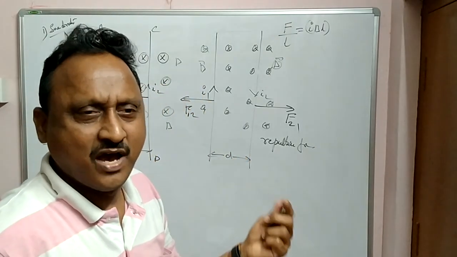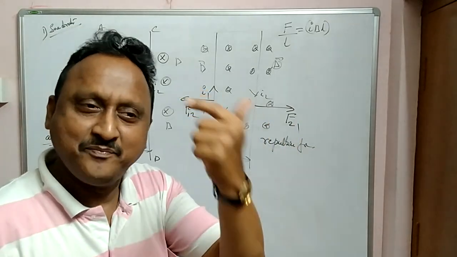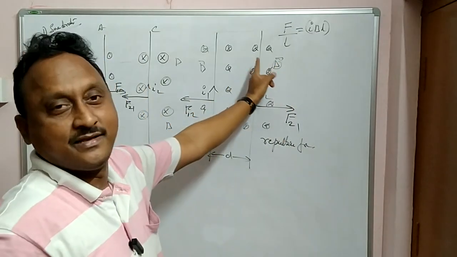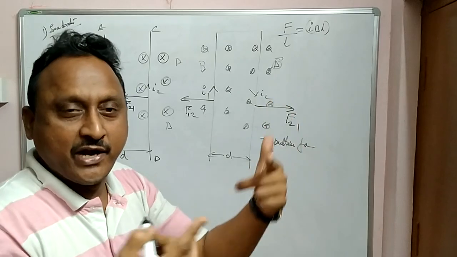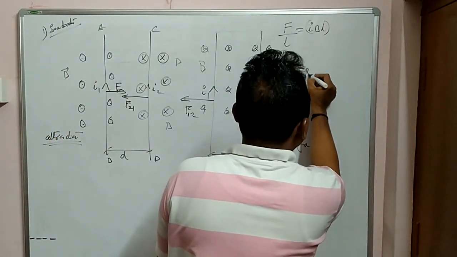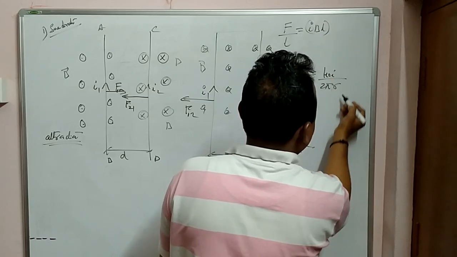Or you can utilize Ampere's law, followed by the magnetic force acting on the conductor, a combination of the two. What is B from Ampere's law? Mu naught I by 2 pi R, or 2 pi D.